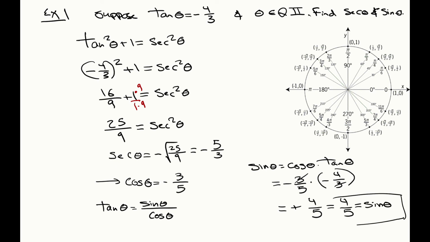So there we have both of the quantities that we were trying to find, and this first one was the secant of theta. So if we were to box our answers, it would look something like that. So this is how we can go about doing some of this.